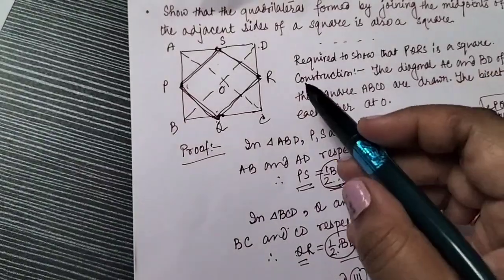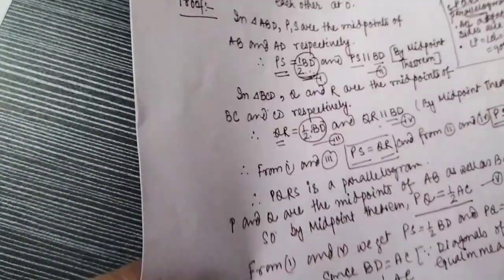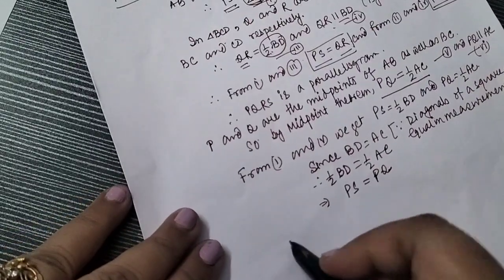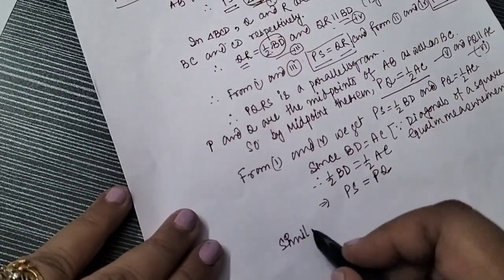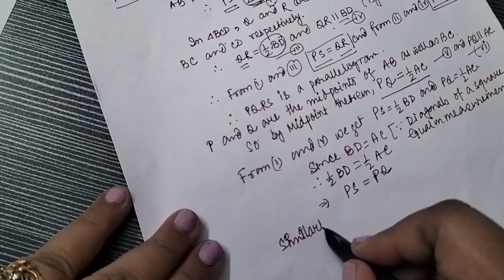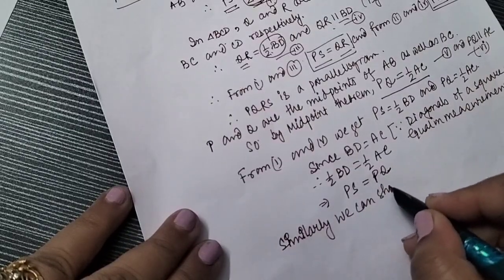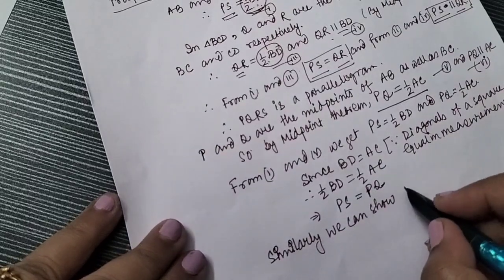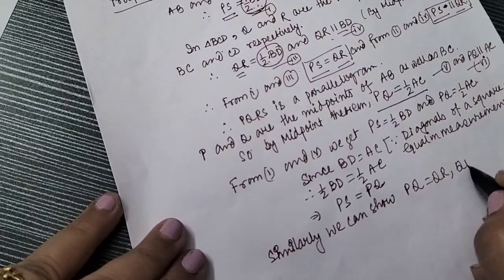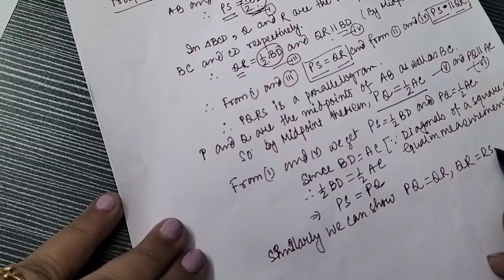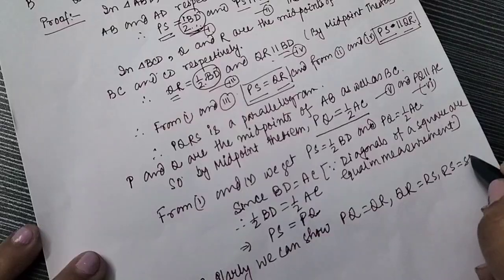And what were PS and PQ? PS and PQ were the adjacent sides. So similarly, we can show PQ equals QR, QR equals RS, and RS equals SP.